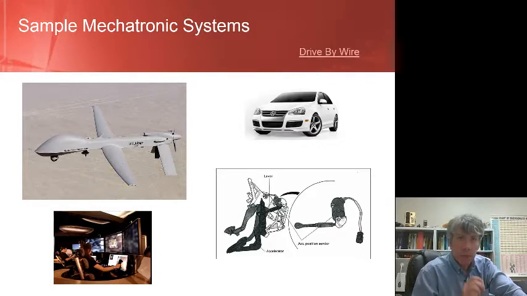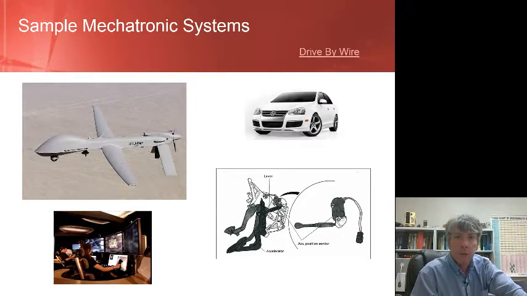Anyway, because of the precision of the mechanical system and the fact that we're sensing the user's input here and using an algorithm in a smart device or a computer to actuate then the delivery of fuel to the vehicle, all those pieces together, you'll see in a minute, constitute a mechatronic subsystem for this car.